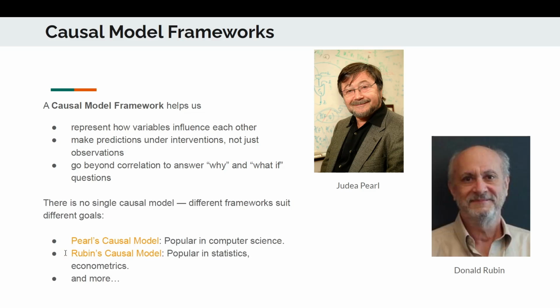And there are multiple ways to perceive a causal environment. So we have different causal models, each to their own goals. For example, Pearl's causal model is one of the most known causal models. It is being widely used in computer science. Rubin's causal model is popular in statistics and econometrics as well, but each to their own tasks.